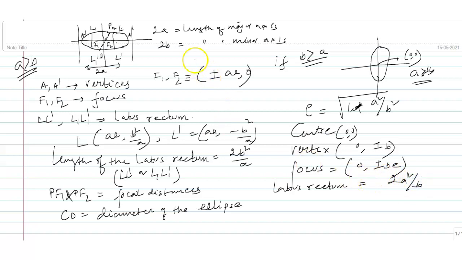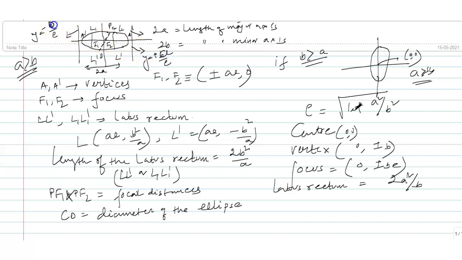For the equation of the directrices, I have not told here, these are the two directrices. The equation will be y equals plus b over e and y equals minus b over e.